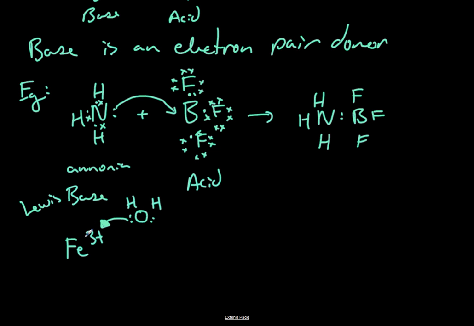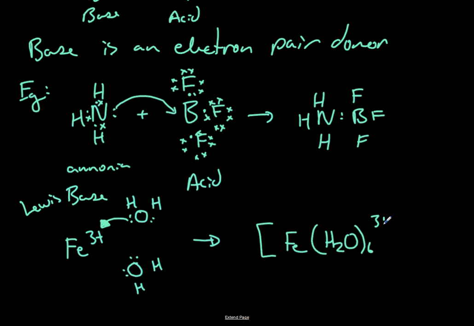It will start to associate, and lots of waters will be able to surround this iron ion. And eventually you will get this complicated ion that looks like this: iron with 6 waters attached to it, and it's still got its 3+ charge.